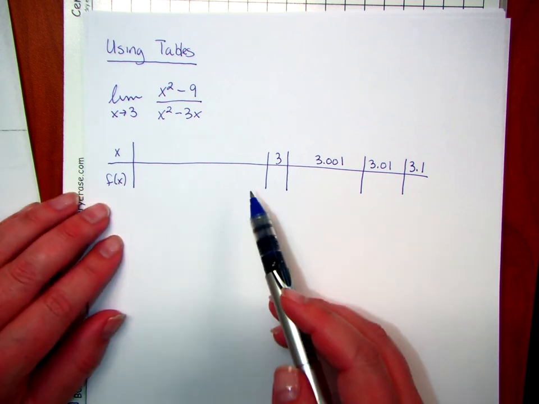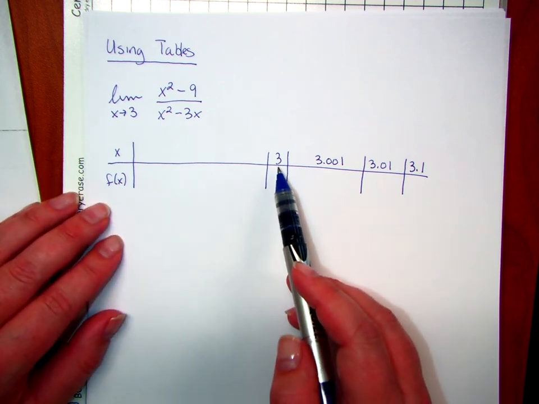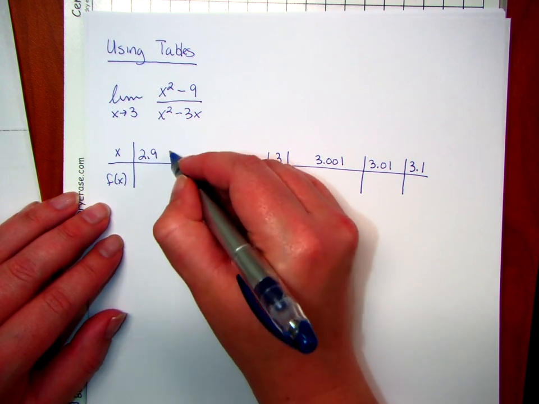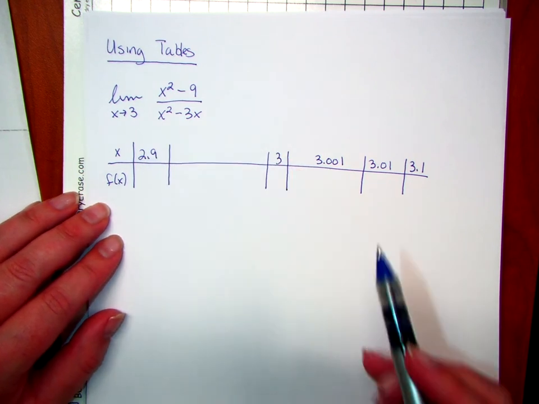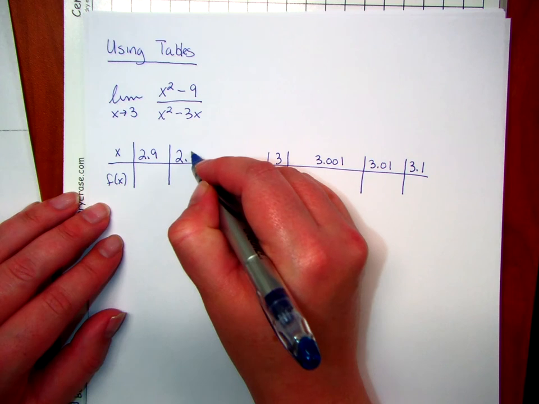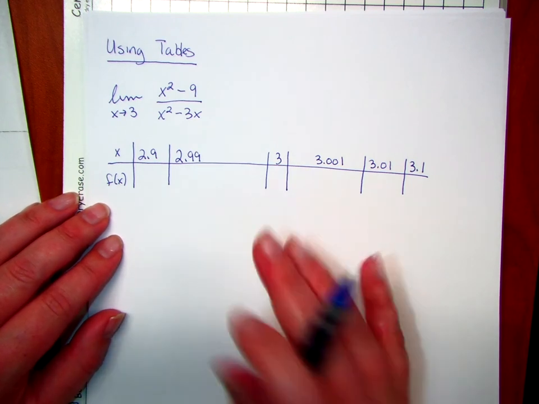So I'm going to do the same, but less than 3. So 1/10 away from 3 is 2.9. If I wanted to get 1/100th away from 3, I'm just going to start adding 9s. So 2.99 is 1/100th less than 3.